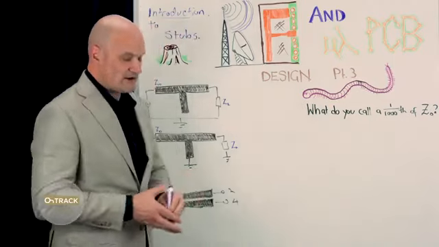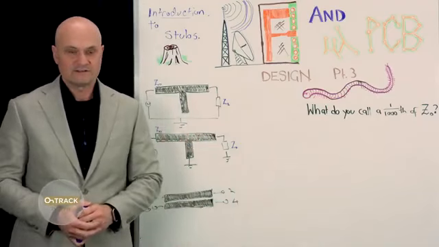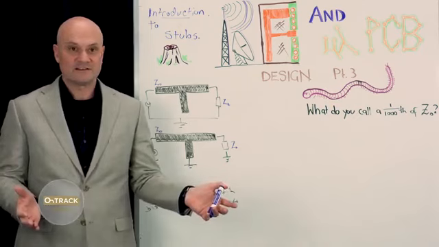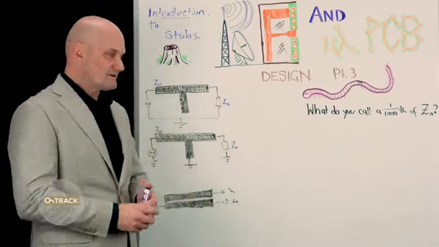Stubs are something that you're going to encounter in every RF design at the board level, or even using transmission lines made of coax, going to an antenna or an amplifier or something like that.